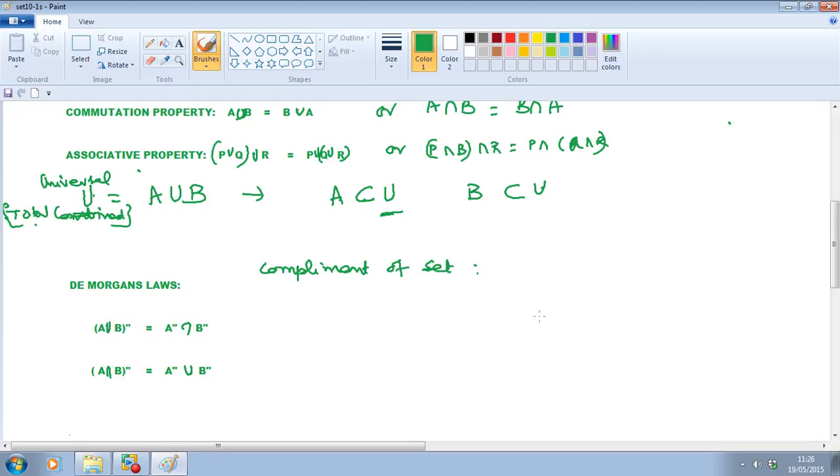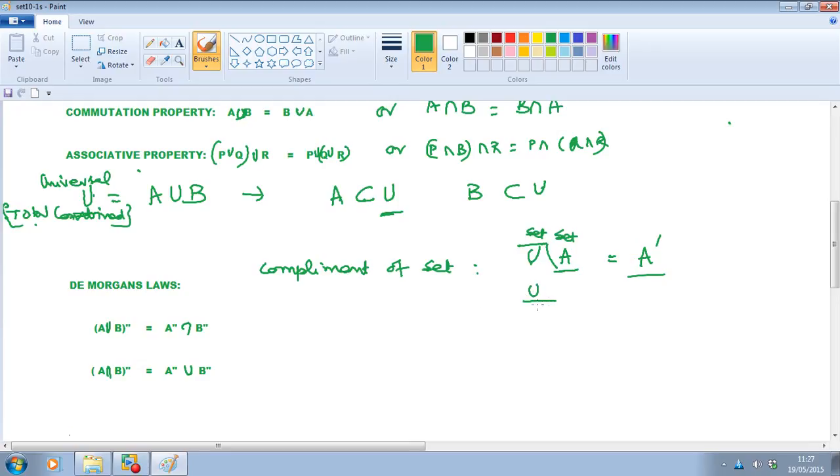In the above example, if U is divided by A, it is represented by A dash. U means total, all the elements. You are dividing that by A, meaning set A. This is the universal set. So the remaining thing is A dash.